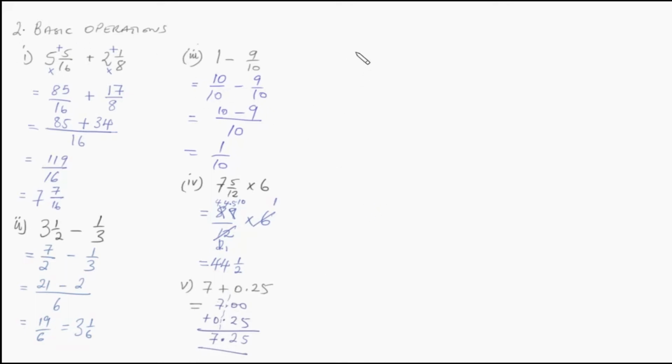Now let's say we had this one: 7 minus 0.25. Even if it's minus, if you are subtracting a decimal number from a whole number, write the whole number as a decimal, then minus 0.25. 0 minus 5, no way.